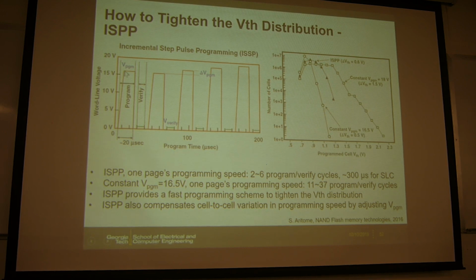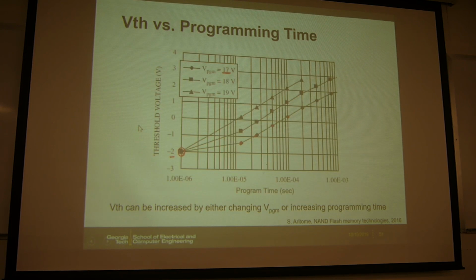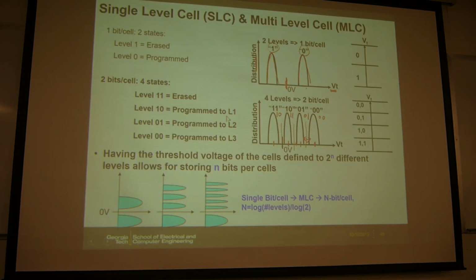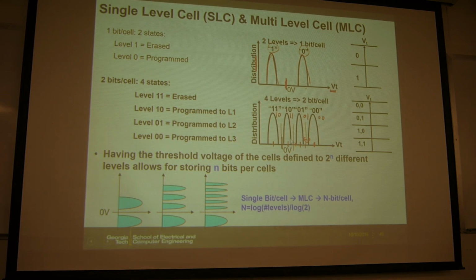And this is the typical idea. For example, here you apply 16 volts and program it. After that, you read the data out and verify whether it is within this range or not. For example, if this is your target level, you have to read it out.